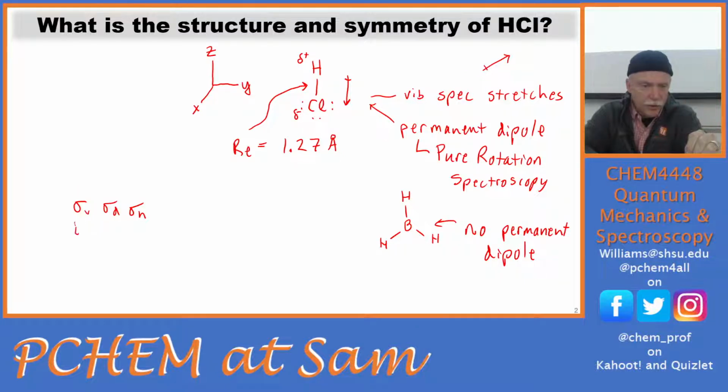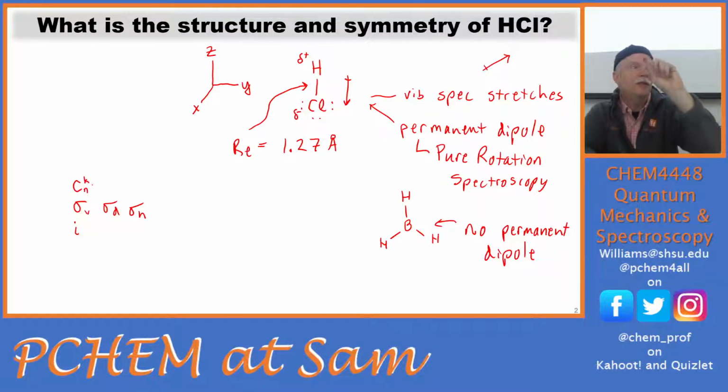Good. Someone else give me another one. Rotation. What kind? C2. Yeah, so there's a simple rotation, a Cn, raised to the K power, so you can do it twice, and that would be Cn squared. Okay. And then there's two more.